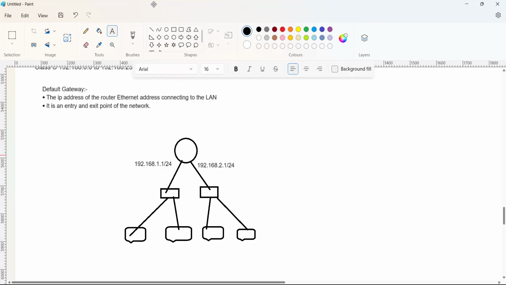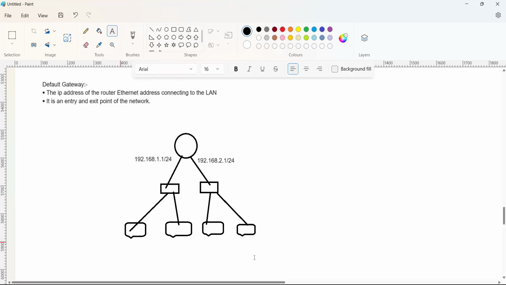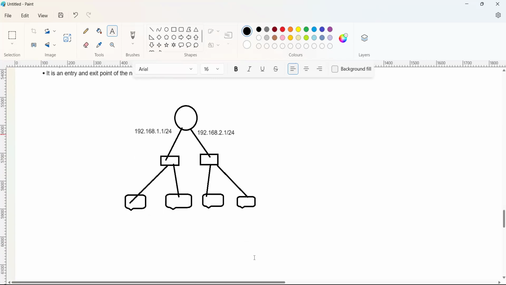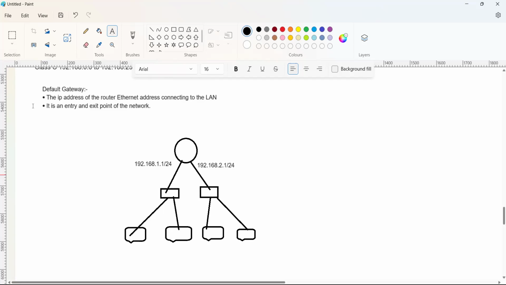So this is a default gateway. If you want to reach this network, we have the default gateway of this one, and this is the first address of the network. We assign likewise in real time. That is the default gateway.